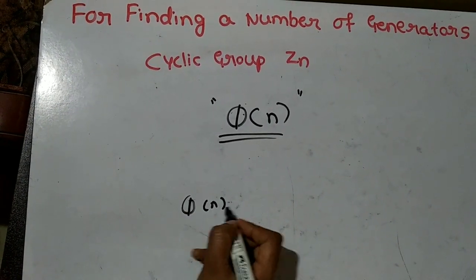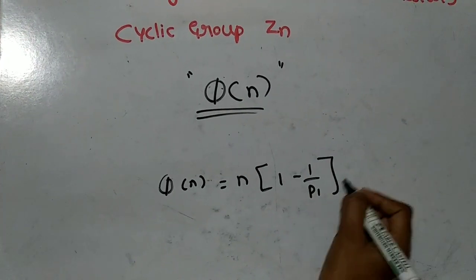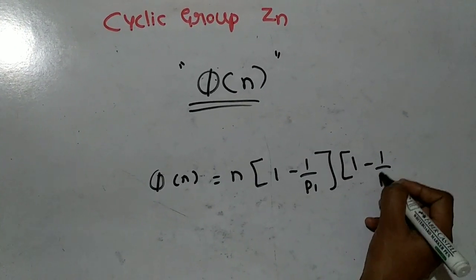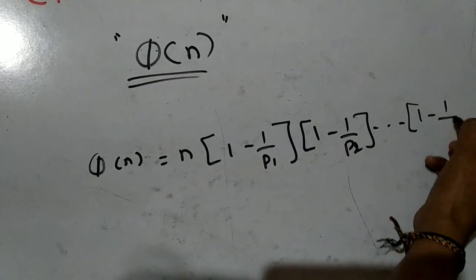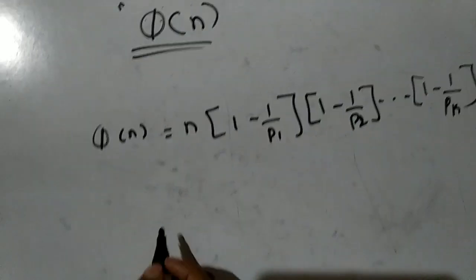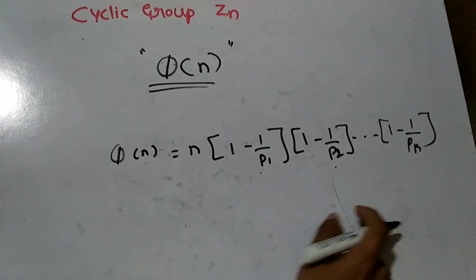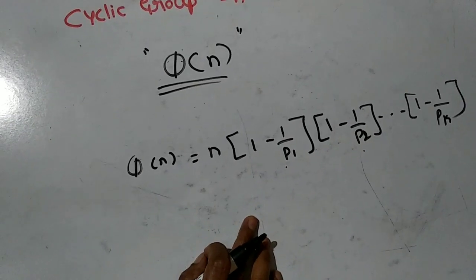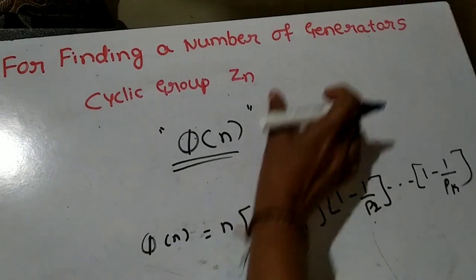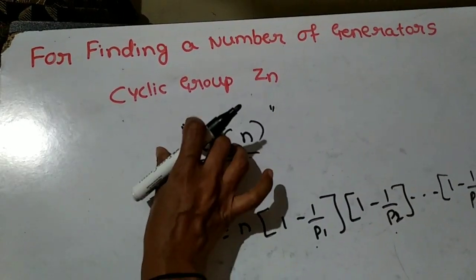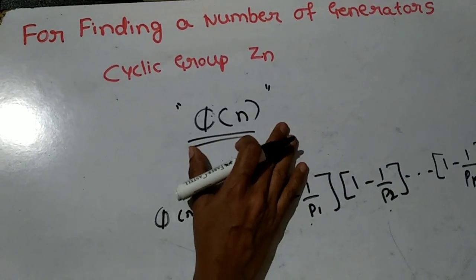Yes, of course, you already know, n into (1 minus 1 by p1) and (1 minus 1 by p2), and so on up to (1 minus 1 by pk). Okay, so here your p1, p2, p3, and so on up to pk give you prime numbers. If in the examination they ask for finding the number of generators of a cyclic group Zn also, you have to use this Euler function formula.